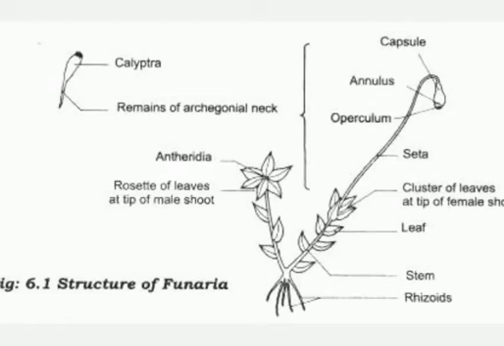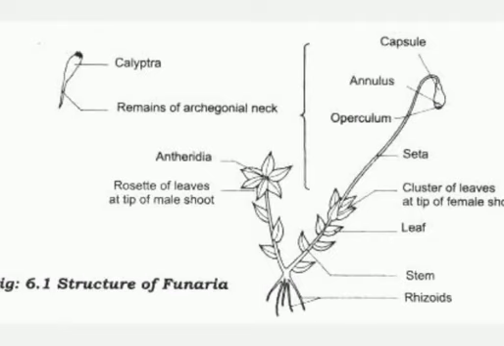Now class, question number 3 is the structure of Funaria plant. This Funaria is the example of the Musci group of bryophytes. All of you know that bryophytes occur in damp shady places, and it has a thalloid structure.